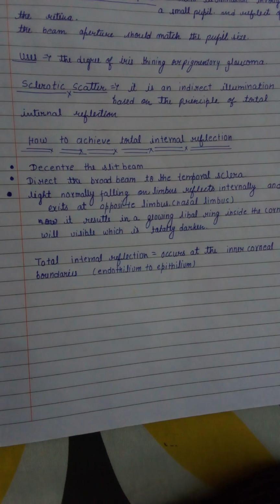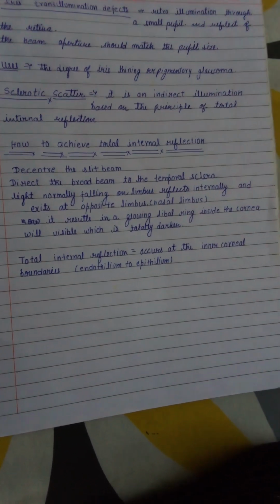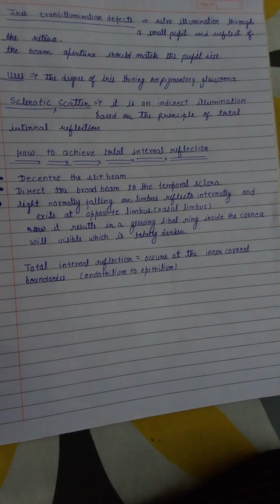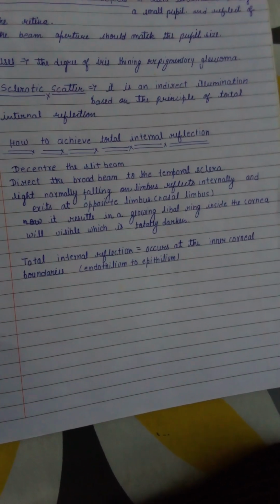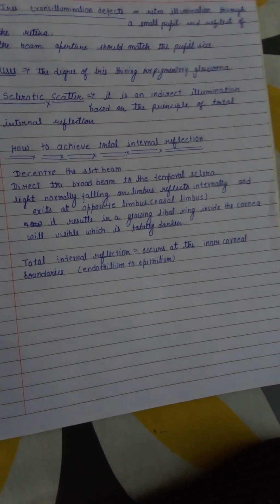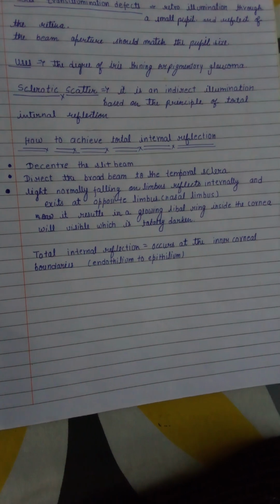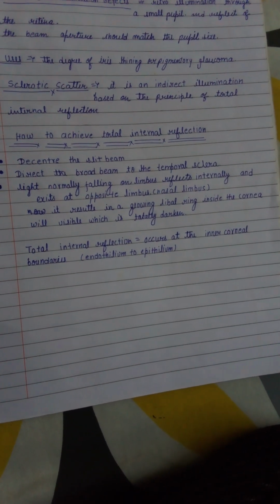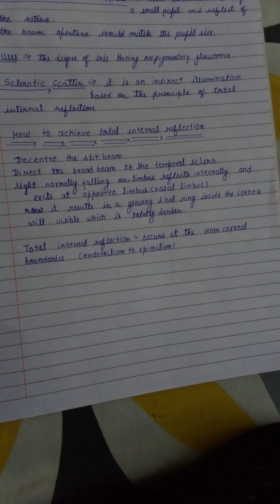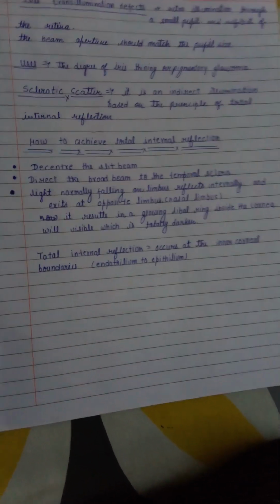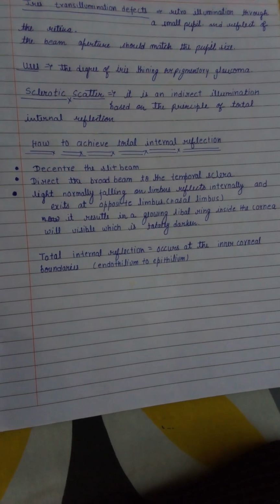When we put light on the temporal sclera, it illuminates the different layers of the cornea, and the light reflects internally and exits at the opposite limbus, the nasal limbus.